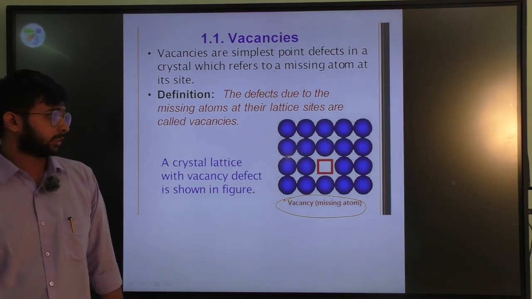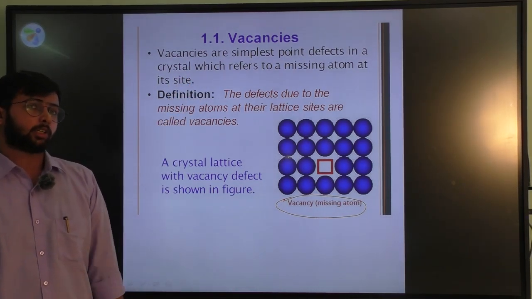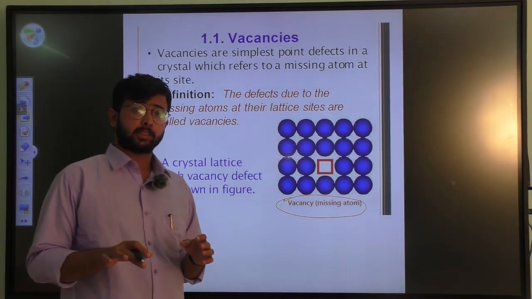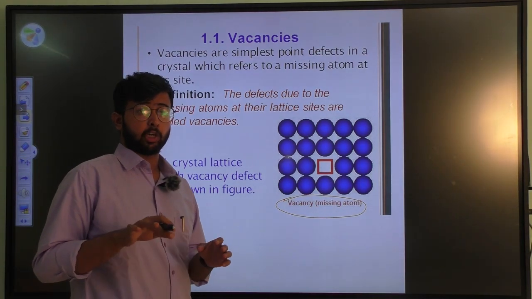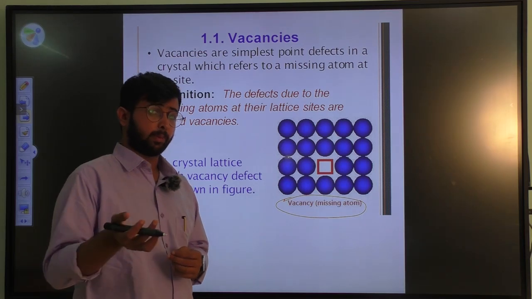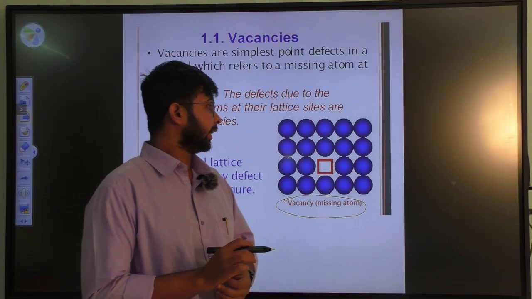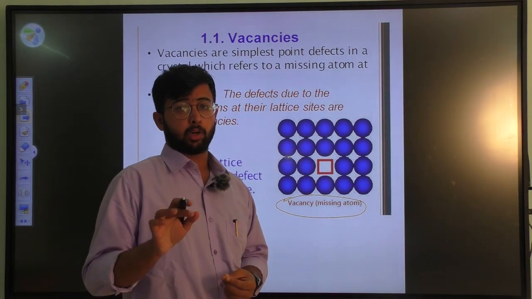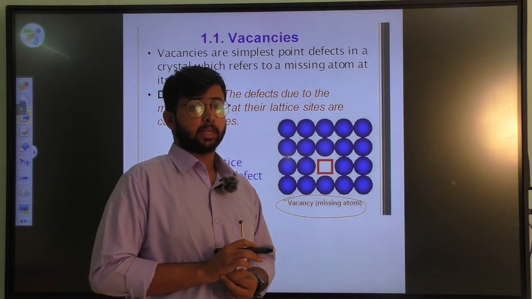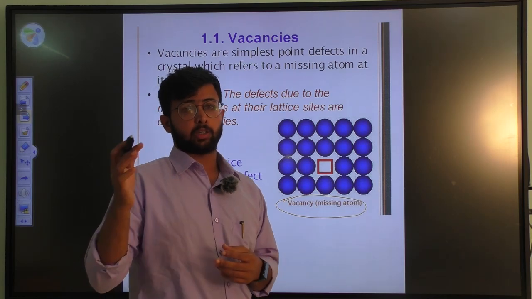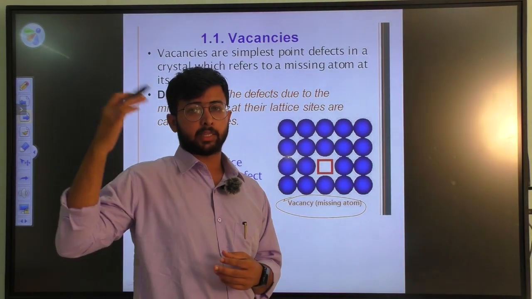In a vacancy defect, the crystal structure has less strength or less volume, and it has less ductility or brittleness arises.